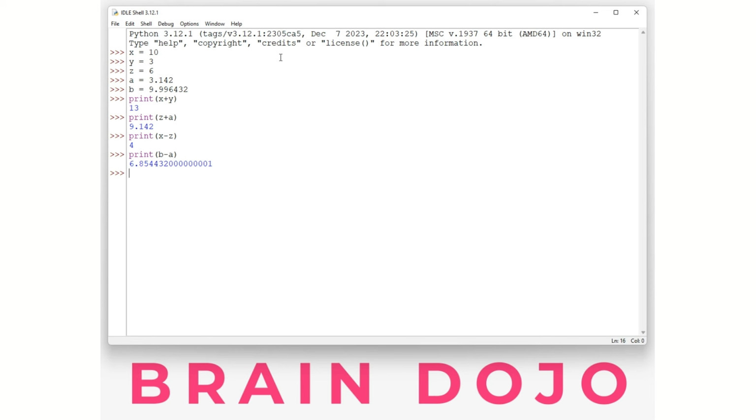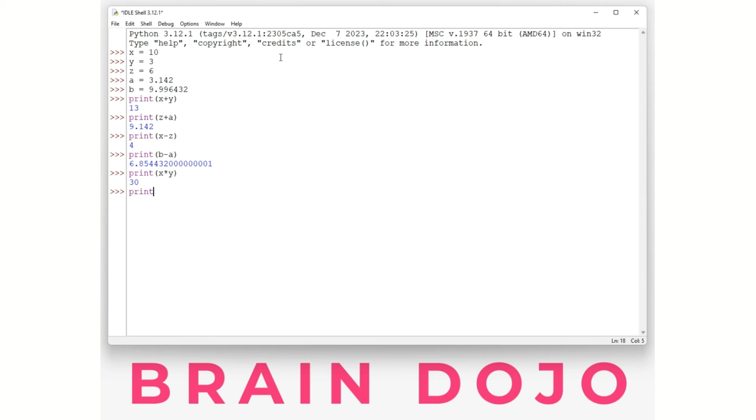Multiplication. Now I did tell you that for multiplication, the traditional x that we use in maths, we don't use that on our systems. We use the asterisk sign for the multiplication sign. So print x into y gives you 30.